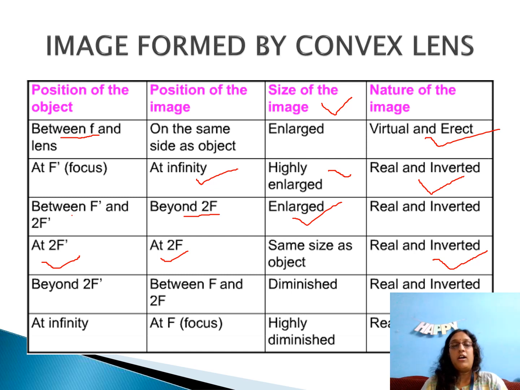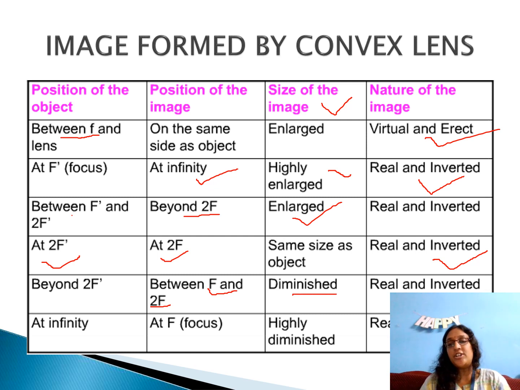What about your fifth case? It is nothing but behind 2F1. If you keep the object behind 2F1, you'll get the position of the image between F and 2F. It is highly diminished.